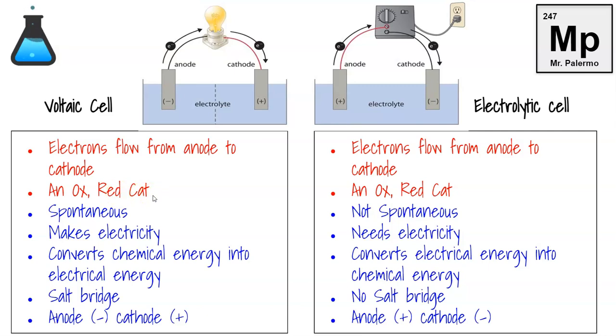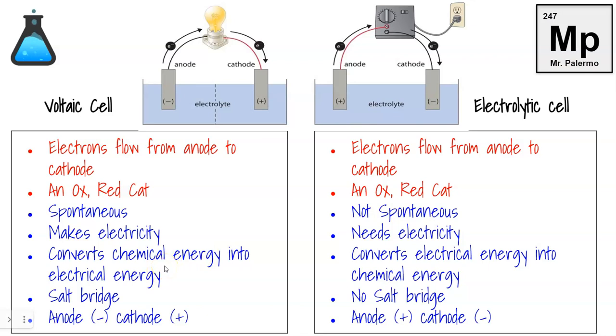Okay, what's different? Well, remember, in the voltaic cell, it's a spontaneous reaction. We use Table J to see which metal is going to oxidize more readily. So it doesn't require any outside energy source. We're going to make electricity, so we do that by converting the chemical energy of the reaction into electrical energy.